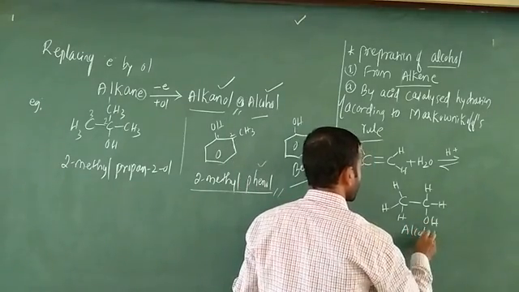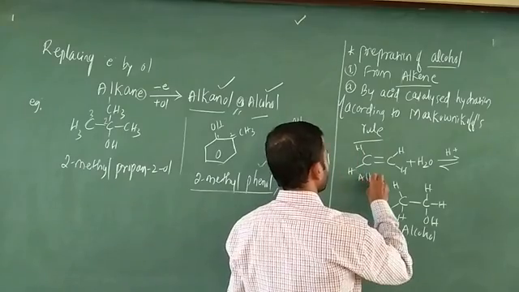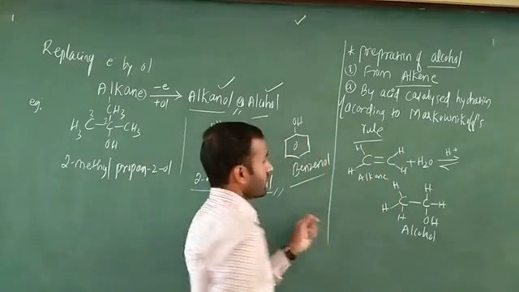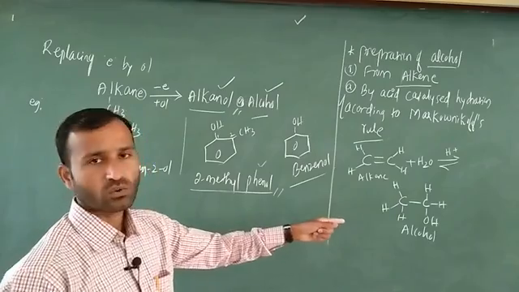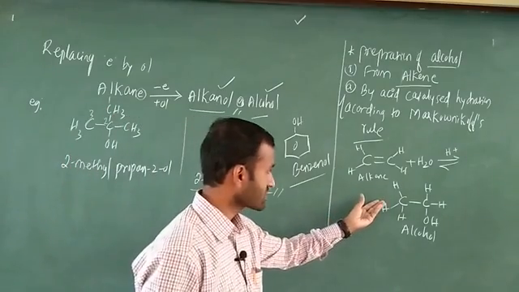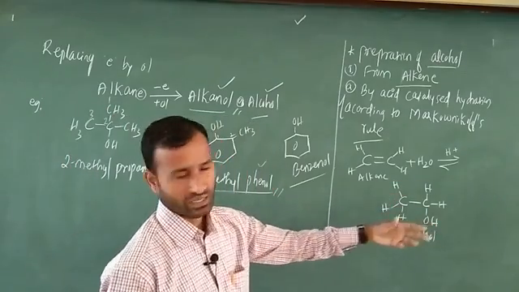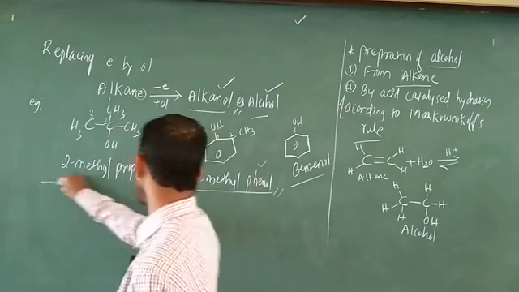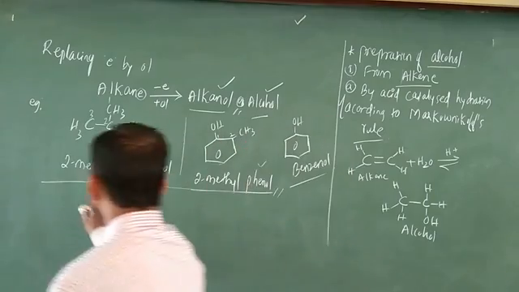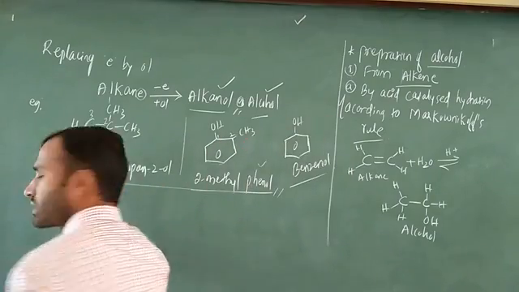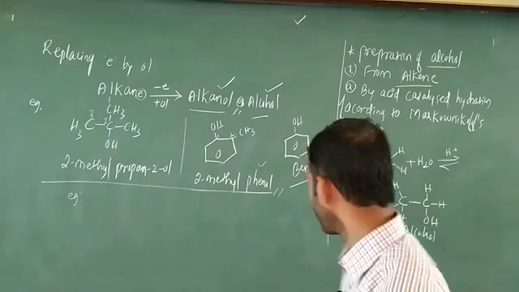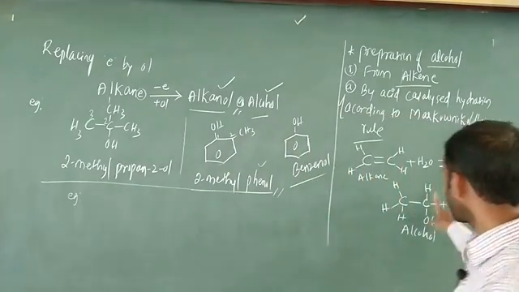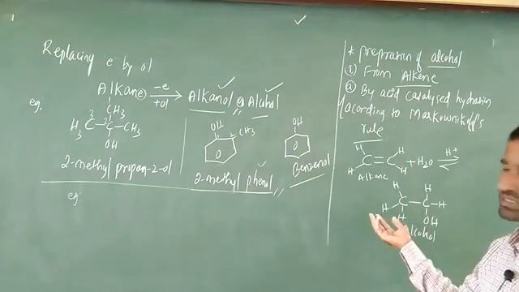This is alcohol and this is alkene. This reaction is there in NCERT, but this reaction is not that easy to understand. I am going to consider one more reaction. You have to take it here only, no problem. After that you have to take a screenshot, then I will write the mechanism. If this example is not understood, no problem.